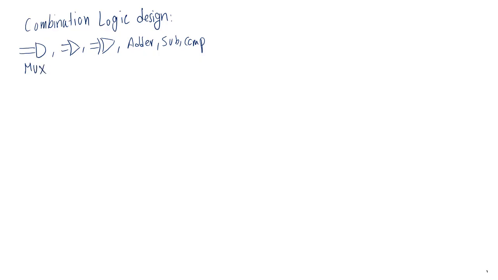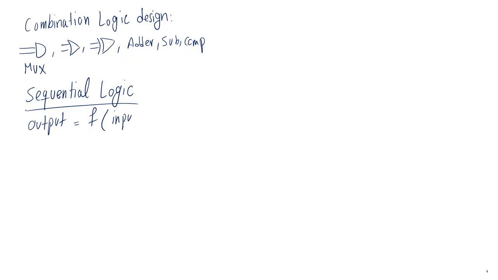The common thing between all of these different kinds of logic gates was that their output only depended on the inputs, right? And then last time we started talking about sequential logic, where the output is a function of inputs and previous output.